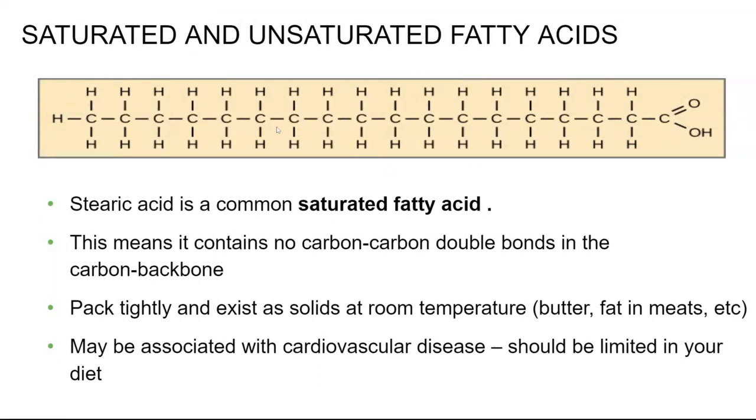So it's saturated with hydrogens. And since they're in these long straight chains, they can actually be packed very tightly against each other. And anything with these saturated fatty acids usually is solid at room temperature. For instance, butter is going to be solid at room temperature. And I'll talk about Crisco in a minute because Crisco is also solid at room temperature, but it's not necessarily a saturated fatty acid.